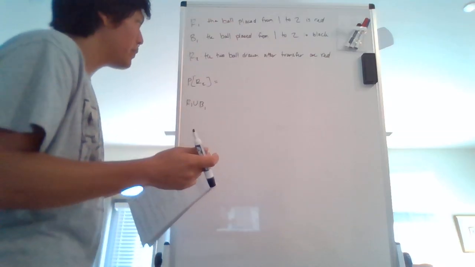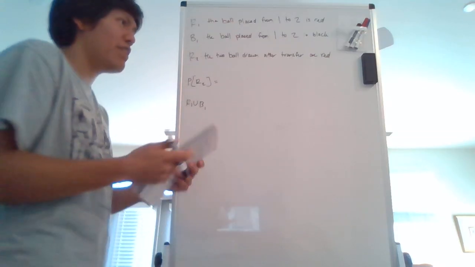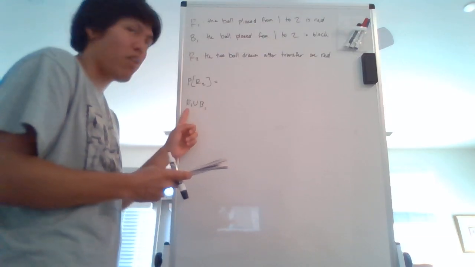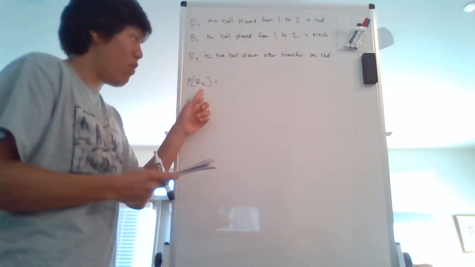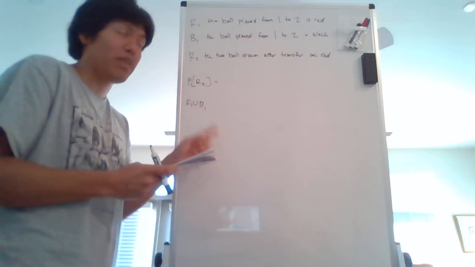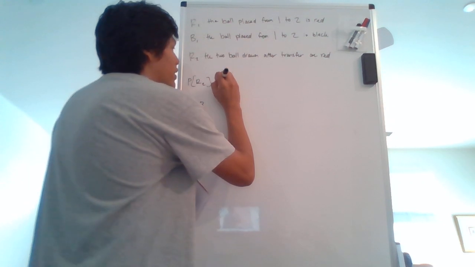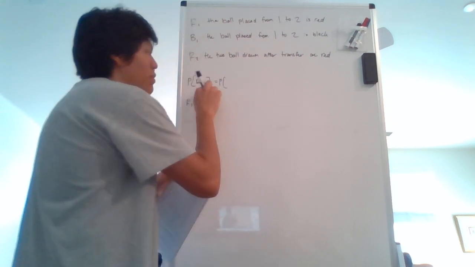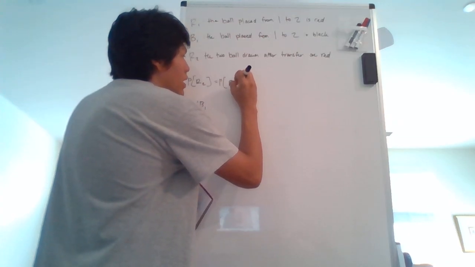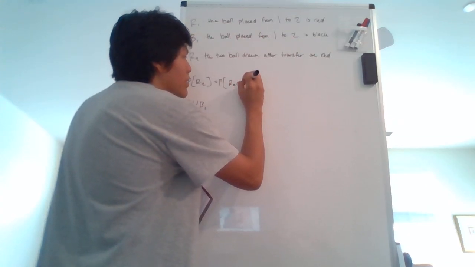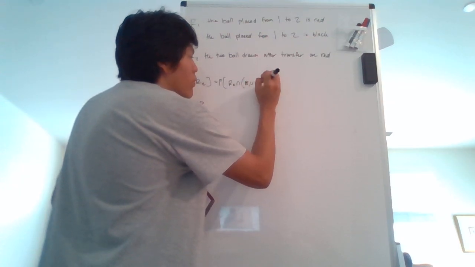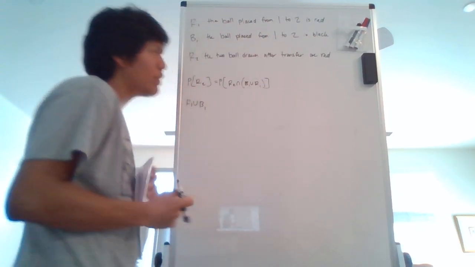Okay, so we have to find the intersection of R2 happening if R1 happens, and the intersection of R2 happening and B1 happening. What does that look like? That looks like this. So the probability of R2 is equal to the probability of R2 intersect, and then in parentheses, B1 or R1. Hopefully you guys can see that.